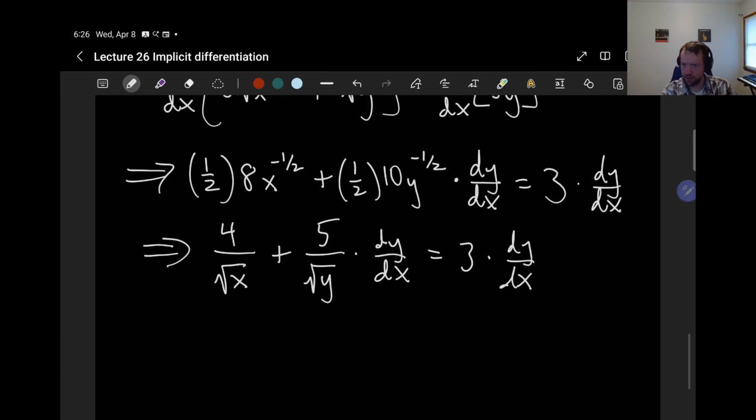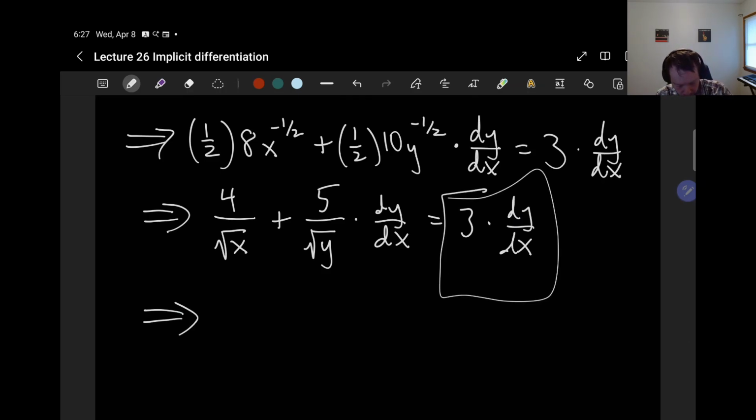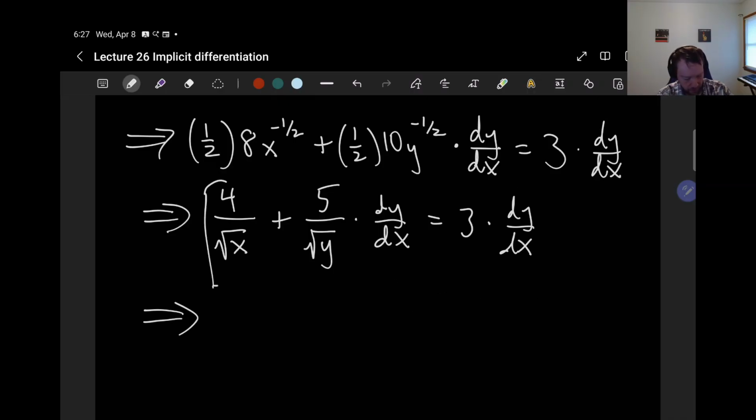So next, to get dy/dx by itself, I want to bring the terms involving it together, and every other term that does not involve dy/dx, I want on the other side of the equation. So doing two things at once here, I'm going to subtract this from both sides to move it over. And the term that does not involve dy/dx, I'm going to move over there by subtracting it.